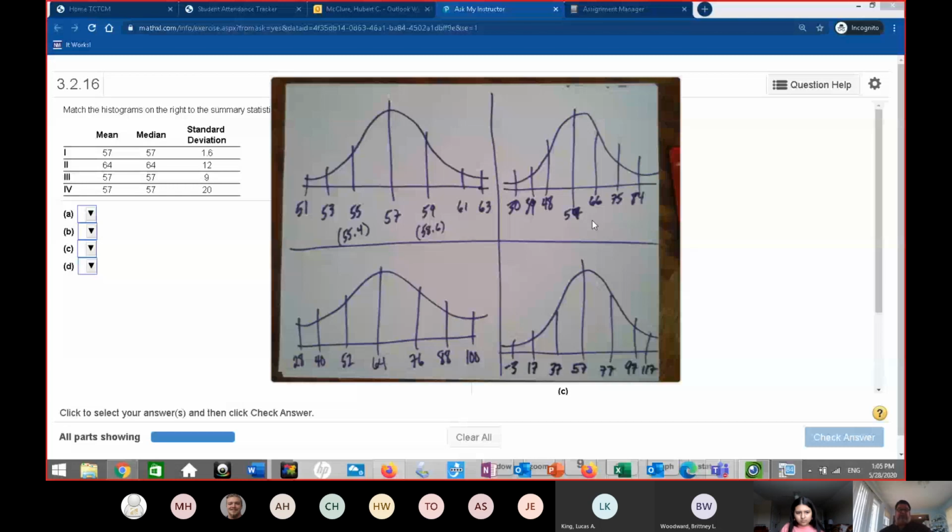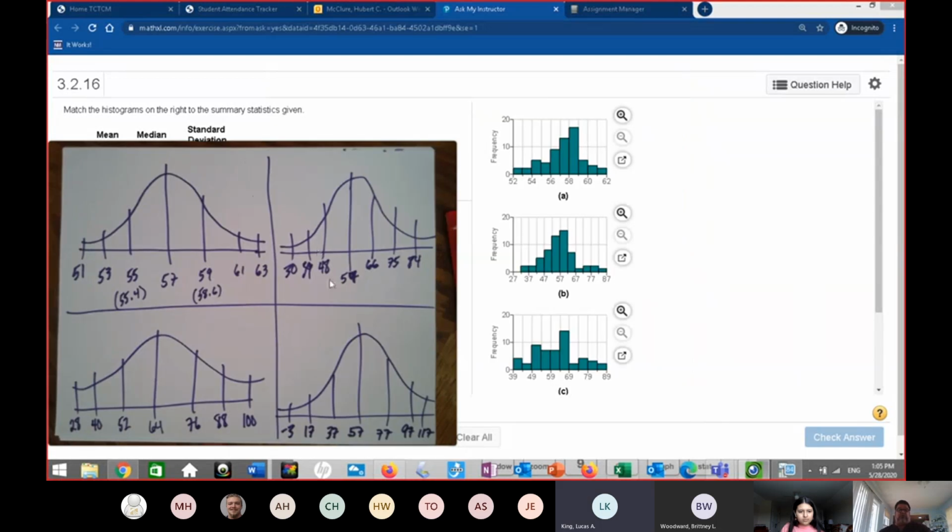Now you've got to just match them up. But you'd be surprised how many people get confused just by the question. Okay? So you just need to look at these numbers down here.